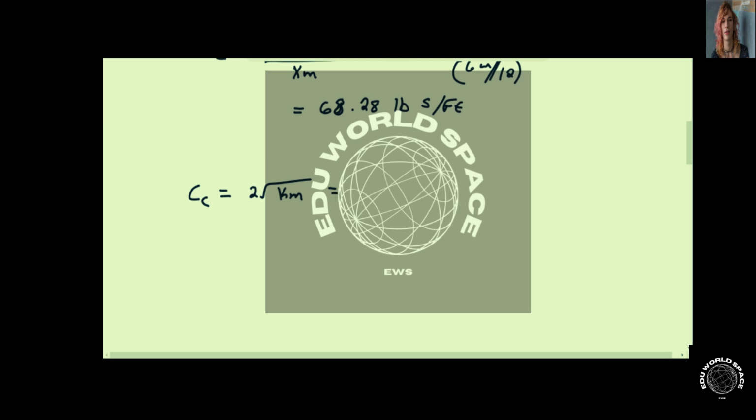And that's a capital M, so that's the M that we found earlier. So 2 times the square root of K, which is 147 times 10 to the 3 pounds per feet, times 9.3167 pounds second squared per feet.